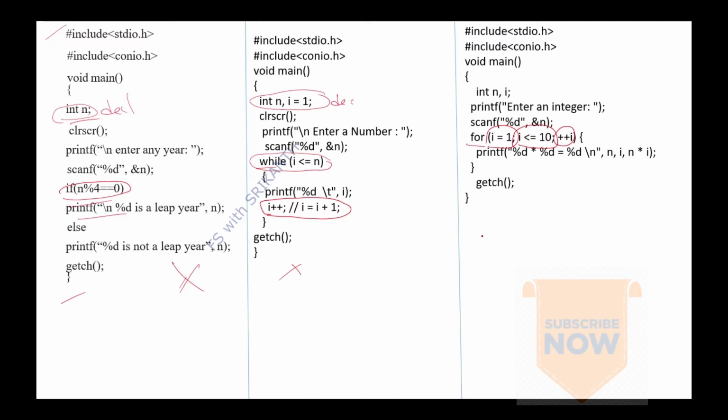We place the variable, condition, and incrementation or decrementation in a single line. It is the most helpful for the developer, and we can easily understand what happens and how the program performs. It is very easy to analyze. The for loop is very helpful to developers and programmers. So this is the story behind the for loop.